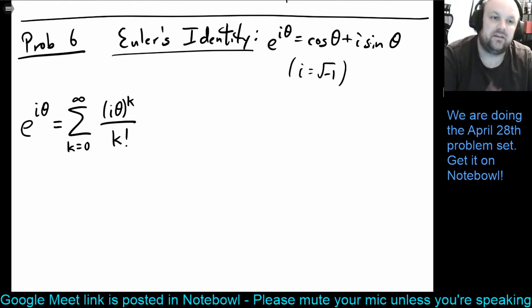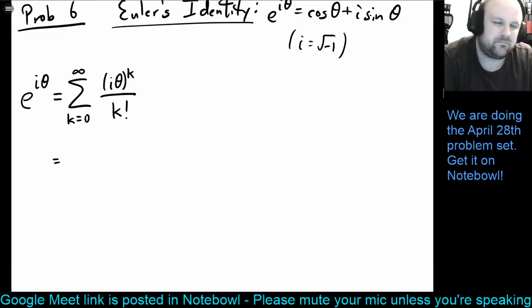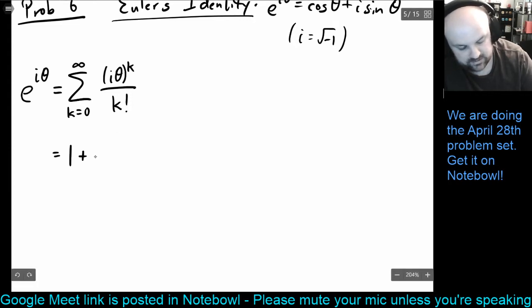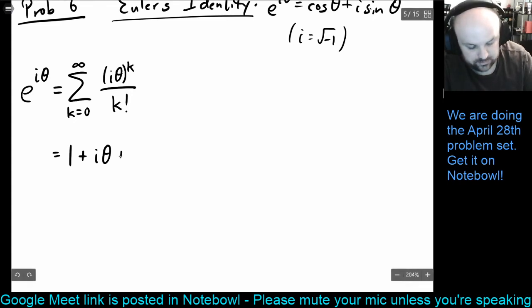Now I want to write this series out. Let's write out, I don't know, 8 terms of this. That should be pretty good. Plug in 0, and we just get 1. Plug in k equals 1, and we get i theta. Plug in k equals 2, and we get i squared theta squared over 2 factorial.